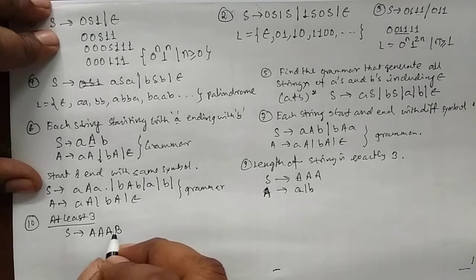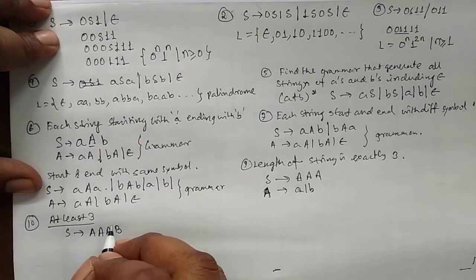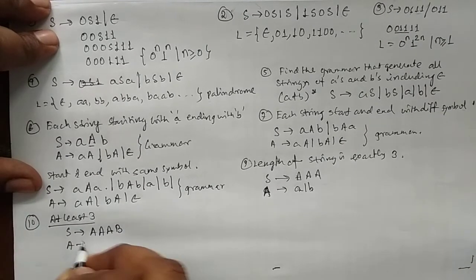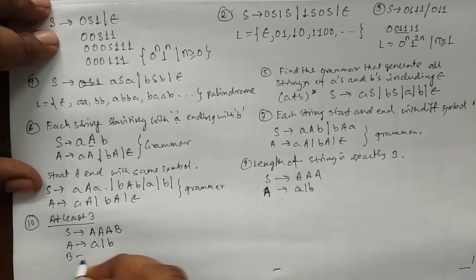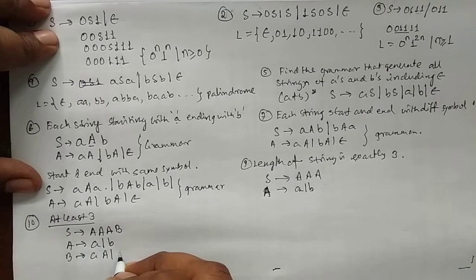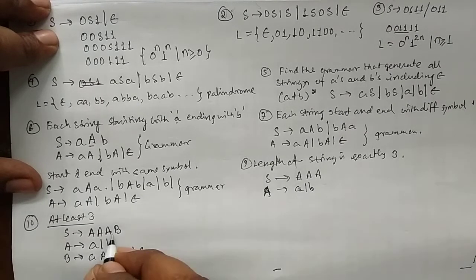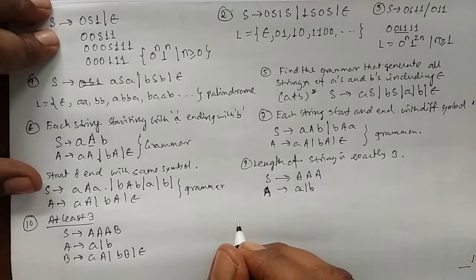So A will be either a or this, and B will be this or this or epsilon. Now if you replace B with epsilon over here, you will get the minimum 3, and if you replace B with either of these 2, you can generate strings as long as you like.